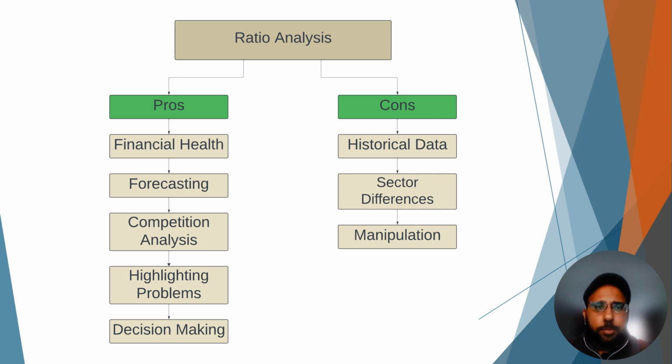And the next one, which is very important, is highlighting problems. Okay, significant deviations from previous years is important to look at. Year after year, if things are improving or getting worse, it can highlight areas of concern, which could prompt deeper investigation into what the underlying issues may be.